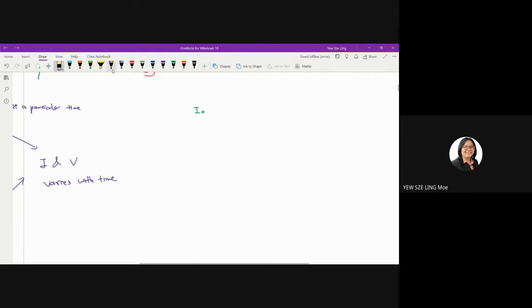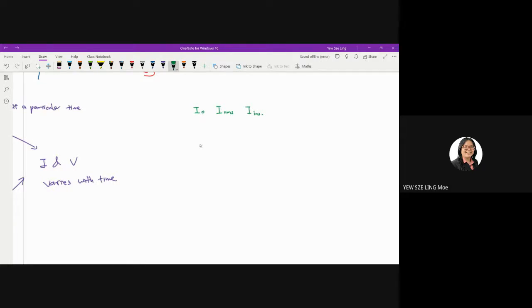I naught, maximum value. We will have I RMS, which is the effective value. And then we will have I instantaneous, which is the instantaneous value. Instantaneous value, effective value, which is the root mean square value, and then the peak value, I naught.